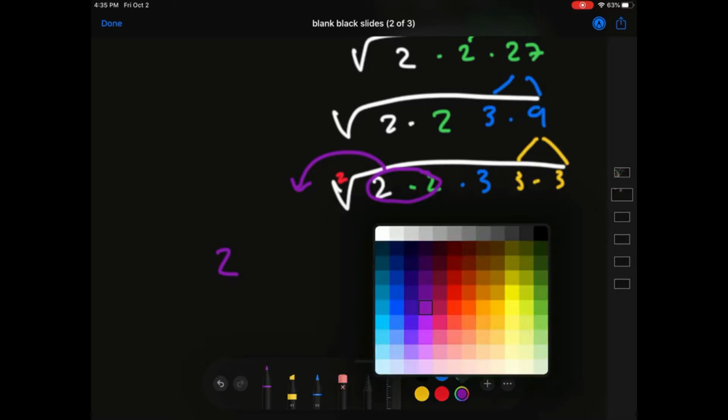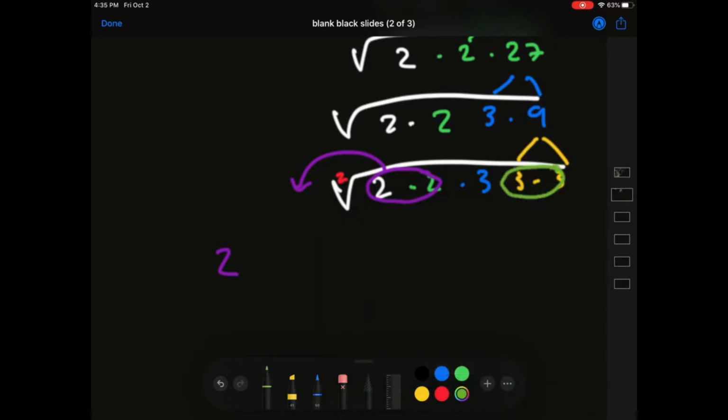And you get the 3's that get to come out as pairs. My story is there's a scary neighborhood out here, and it's so scary that you need to hold hands. So there's a pair of 2's, they can come outside the house. You see this blue 3 here has no one to hold hands with? It can't come out.